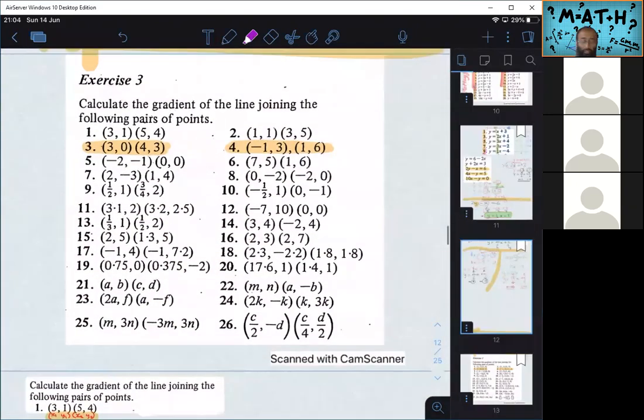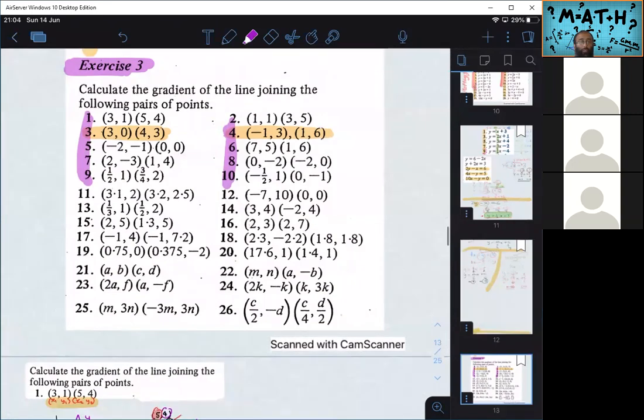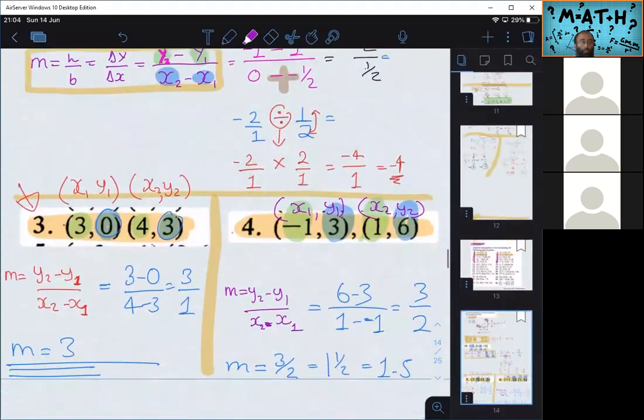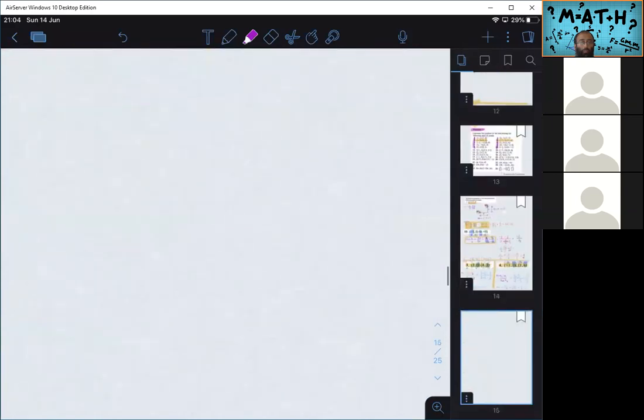Okay, now we've done exercise 3. For exercise 3, you don't need to do all the questions. I don't want to blow your cylinders out. I think we'll just do the first 10. And if you're feeling excited, feeling motivated, ready for the challenge of the marathon for me, you could try some of the questions from 11 to 26. Oh, yeah, and then we need to plot some graphs as well.